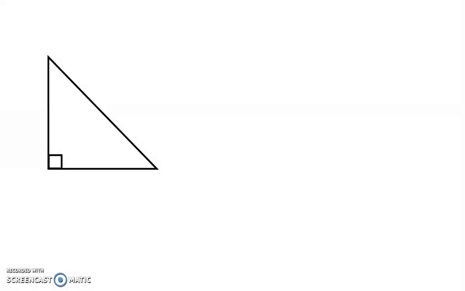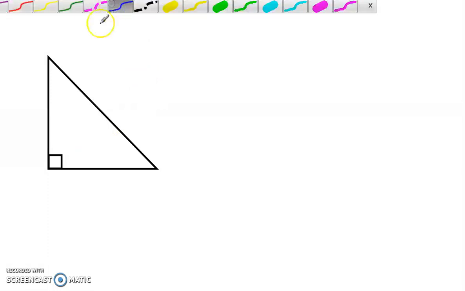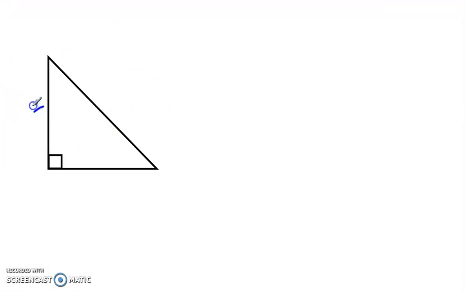So here we have a triangle where this side is the same as this side. Okay, we would call that an isosceles triangle, right, two sides are the same. Now, since this angle is 90 degrees, that leaves 90 for these two angles, which makes this 45, and this one also 45 degrees.